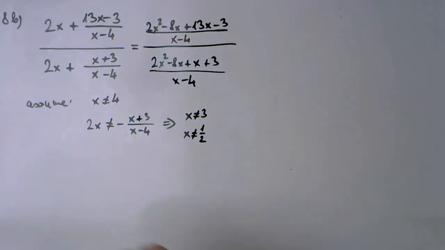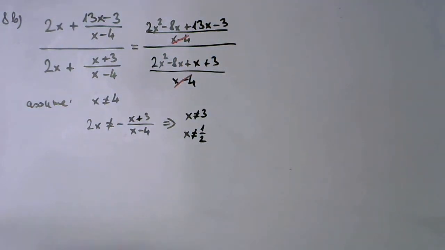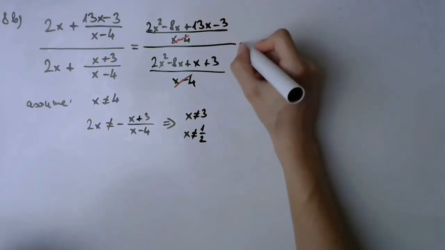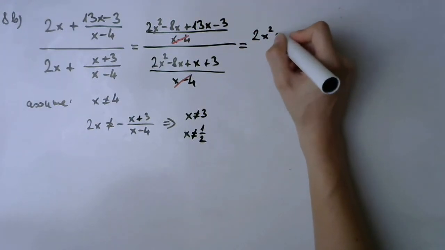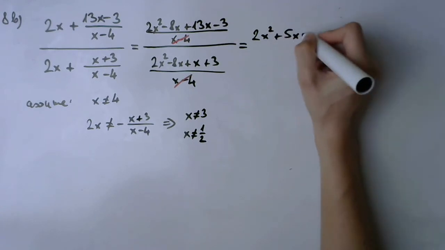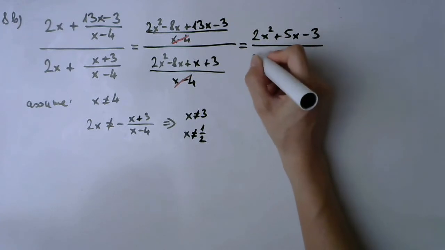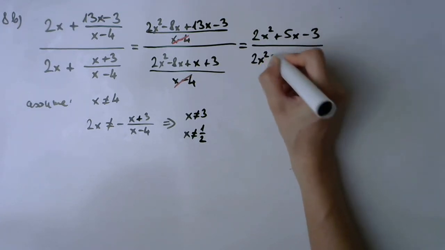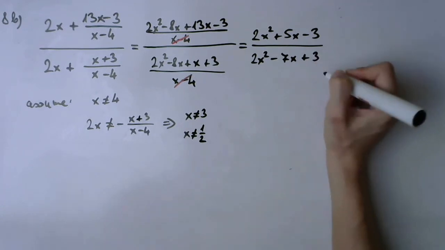I can see from the get-go that I can simplify this expression by a factor of x minus 4, and what I got is 2 times x squared plus 5x minus 3 in the numerator, and in the denominator I have 2 times x squared minus 7 times x plus 3.